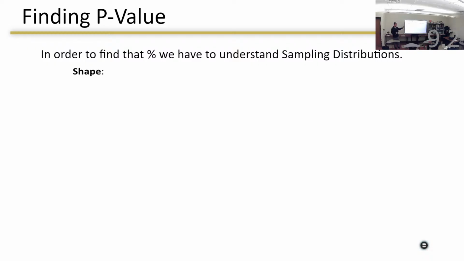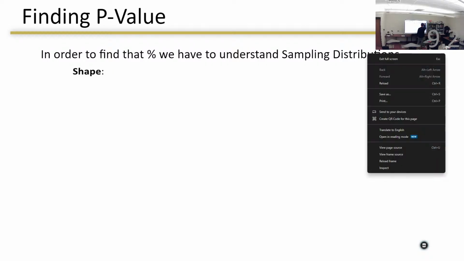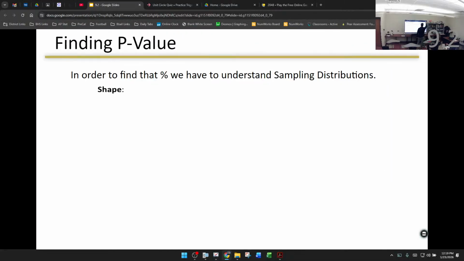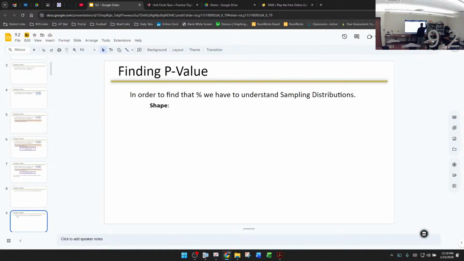Well, you know the shape of the sampling distribution is approximately normal. But how do we know it's approximately normal? We have to hit the large counts condition.